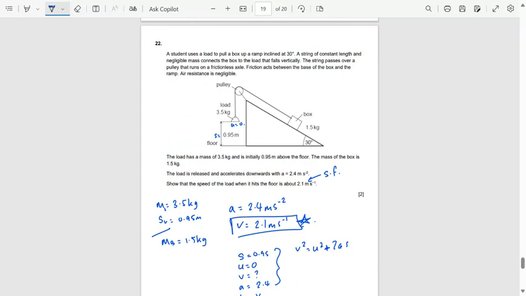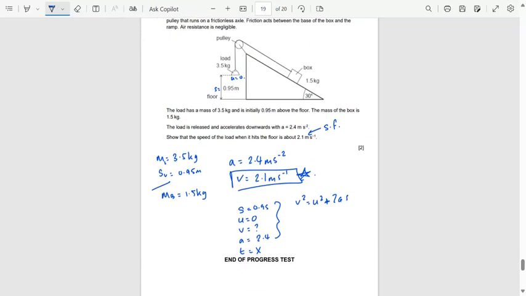It was talking about other factors like energy conversion and frictional forces. However, this was the initial part of that question. So you don't need to refer to all of the different quantities. In fact, you mustn't get caught up with them. Just pick out what you know and what you need.